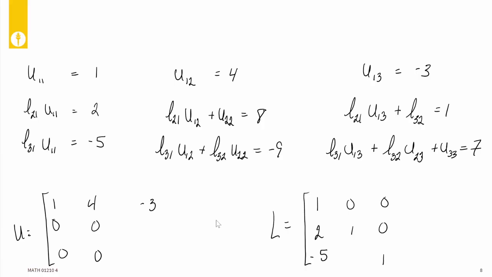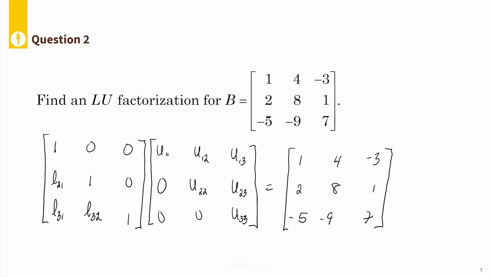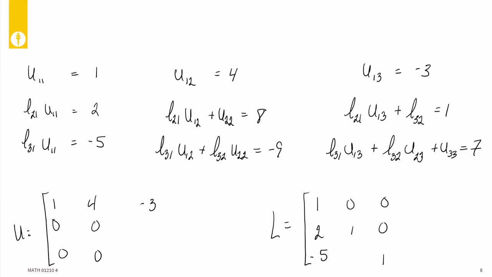I don't like this method. All right, 1, 4, -3, 2, 8, 1, -5, -9, 7.